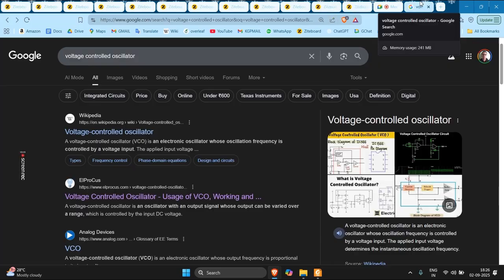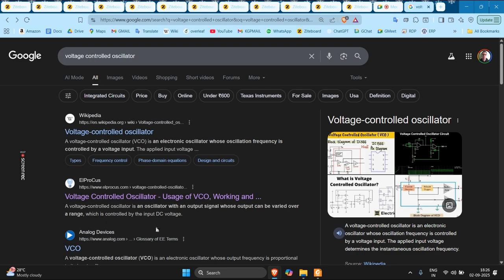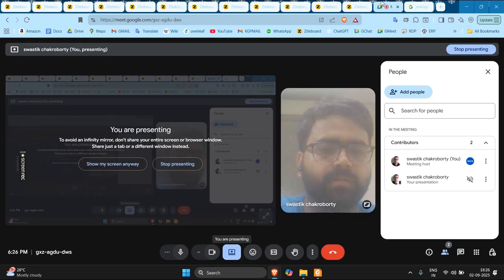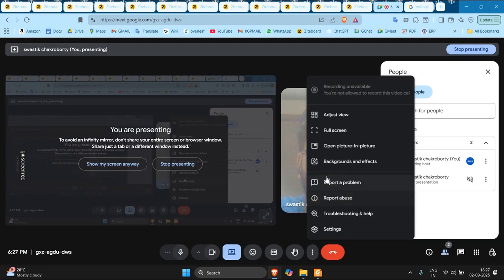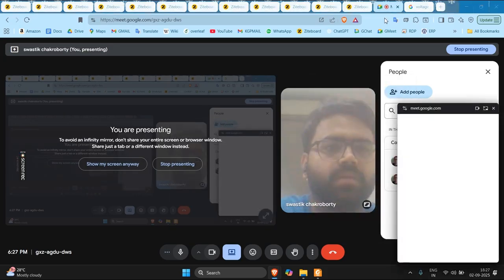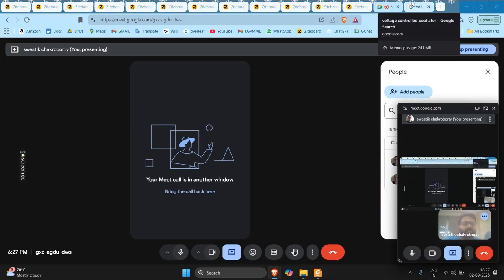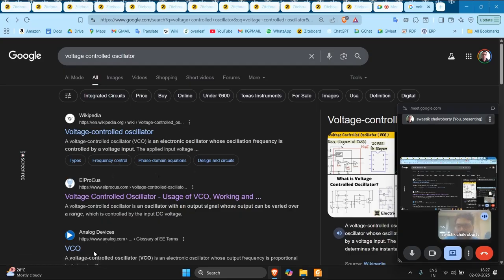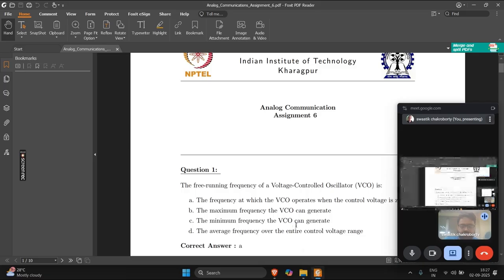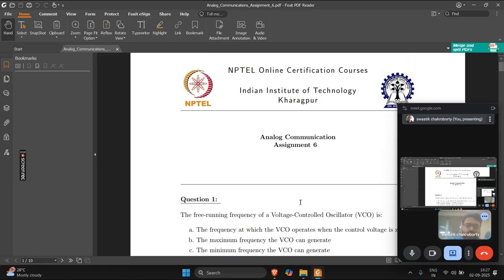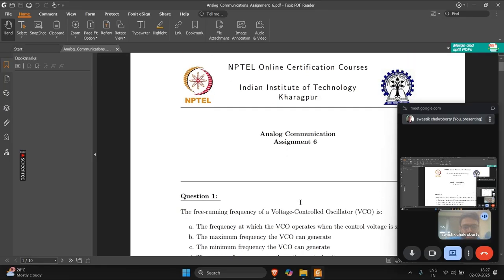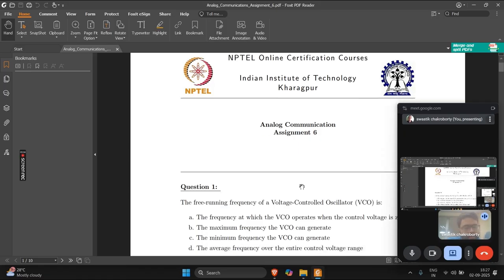For this VCO, we will take the first question. It says the free running frequency of a VCO is the frequency at which the VCO operates when the control voltage is zero, the maximum frequency that the VCO can generate, the minimum frequency that the VCO can generate, or the average frequency over the entire voltage range.